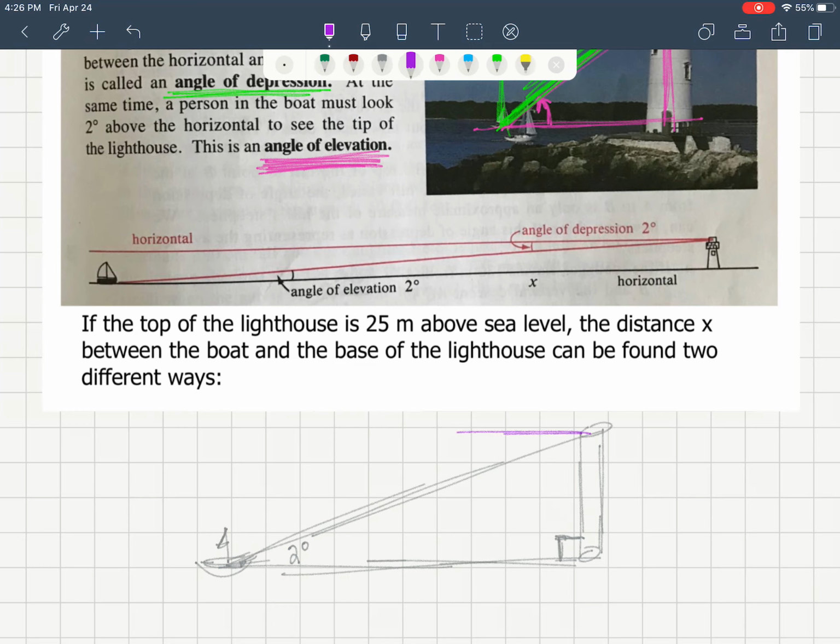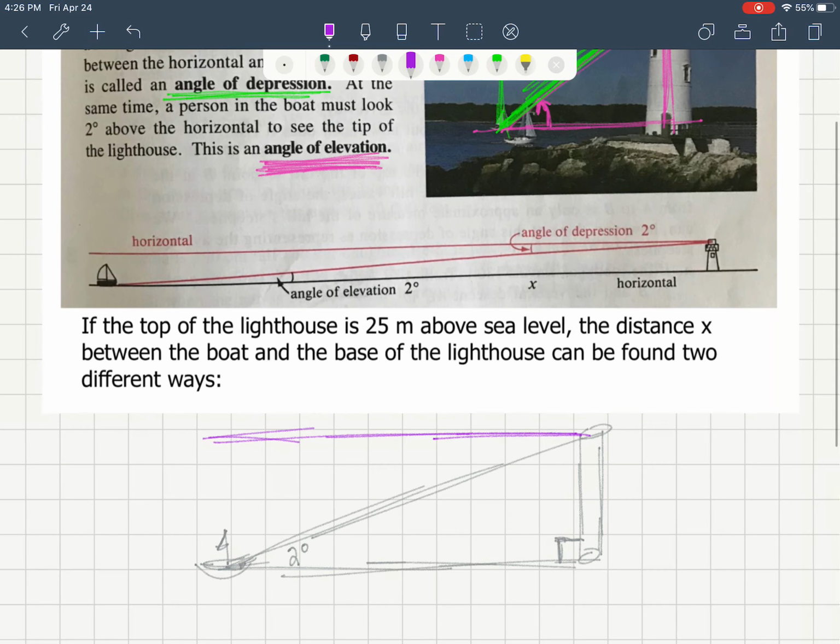But I could also draw this with the horizontal being up at the top of the lighthouse, line of sight looking down, and we'd have our 2 degrees right there. So notice how our angle of elevation, 2 degrees in red, is made with the horizontal, and our angle of depression in purple is also made with the horizontal, never with the vertical, never, ever, ever.